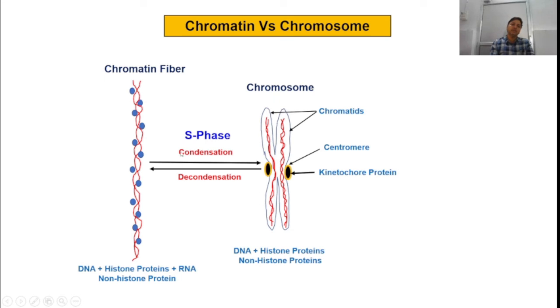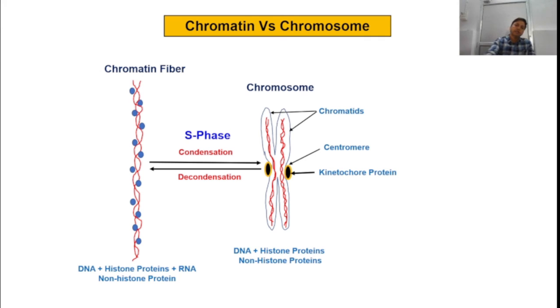So this cycle of condensation and decondensation occurs during the cell cycle and cell division. At the time of interphase, DNA replication takes place, and when M phase starts, condensation of chromatin fiber also starts, and after completion of M phase, decondensation of chromosome takes place, and the cell again enters into interphase.